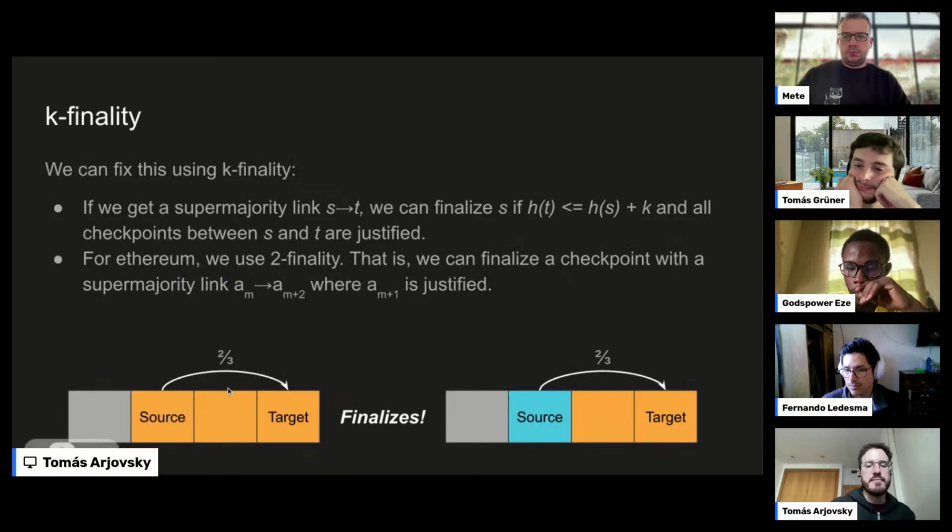If I have a source, I have a justified epoch in the middle, and I have a target epoch, then in that specific case, I can finalize the source. If this was a gray epoch, if this wasn't justified, or if there were more epochs in between, then this wouldn't be able to finalize. But for this specific case, it does.